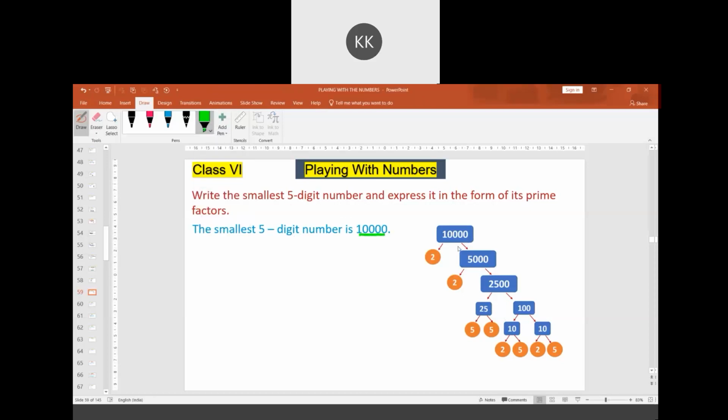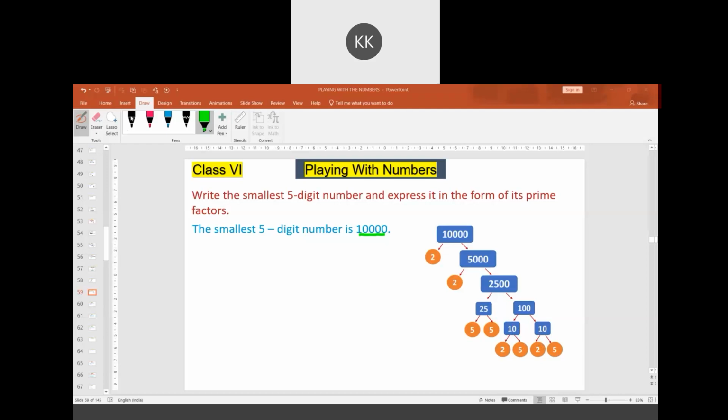This 10,000 is obtained by multiplying 2 with 5,000, 2 with 2,500. This 2,500 is nothing but 25 times 100. 25 is nothing but 5 times 5. 100 is nothing but 10 times 10. 10 is nothing but 2 times 5. This 10 is also 2 times 5. So we can express this number as a product of primes.